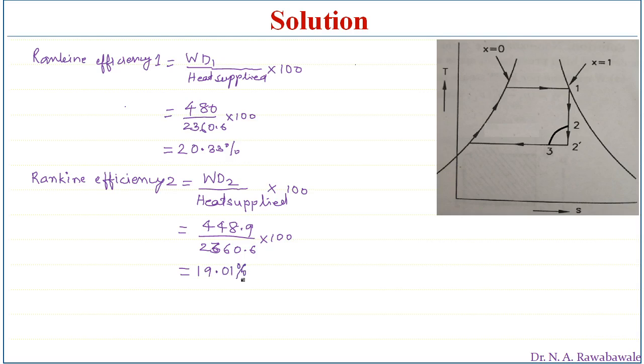So now we know work done 1, work done 2, Rankine efficiency 1, Rankine efficiency 2.